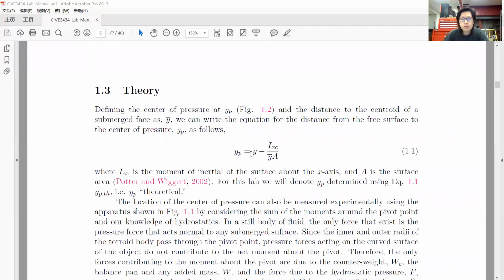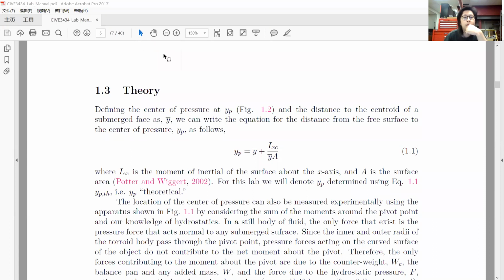So in this equation, y bar is from the free surface to the centroid of the area of interest, and A is the area you're going to calculate, and IXC is the moment of inertia of the surface.